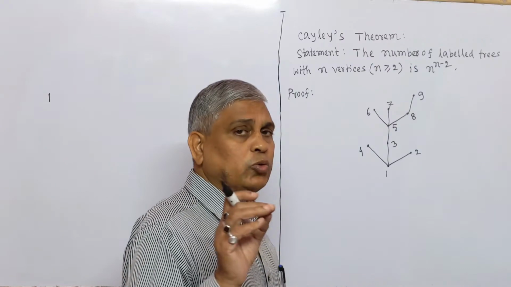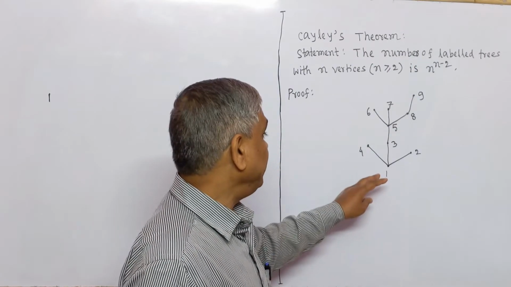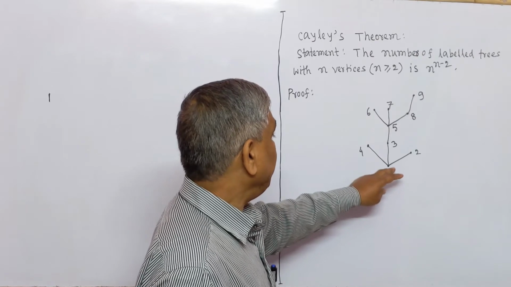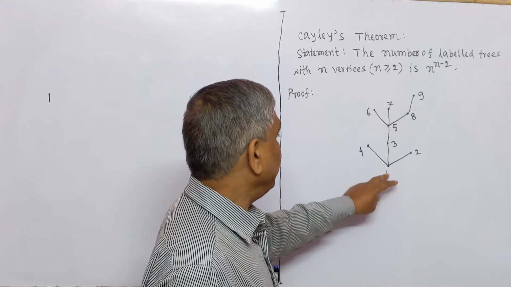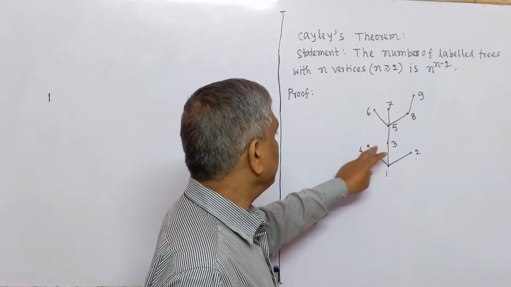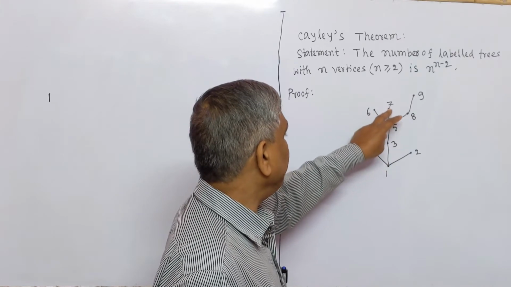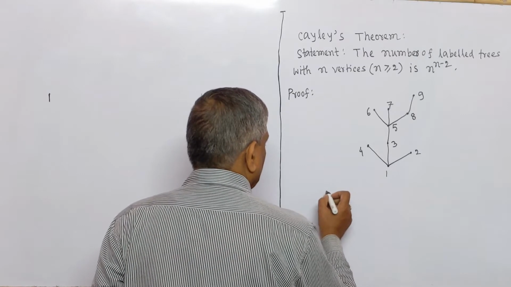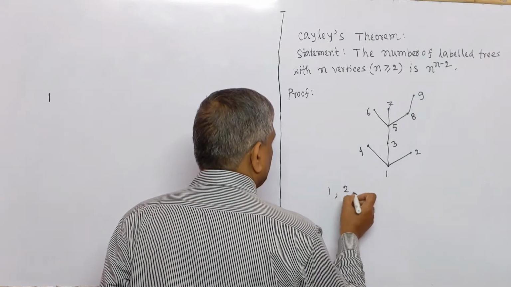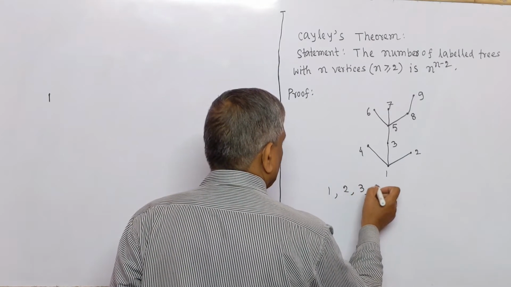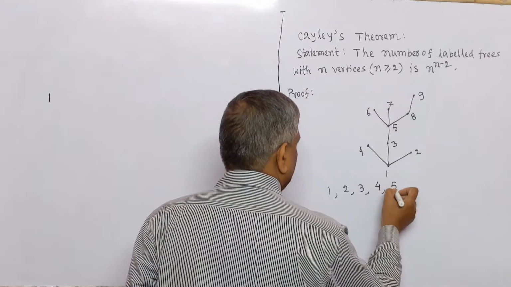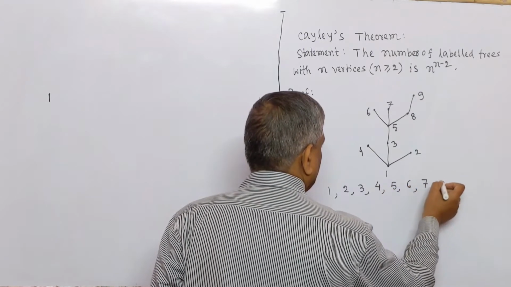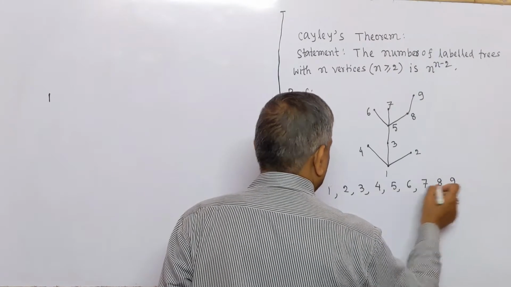Let us have a labeled tree. Here vertices are labeled with numbers 1, 2, 3, 4, 5, 6, 7, 8, 9.